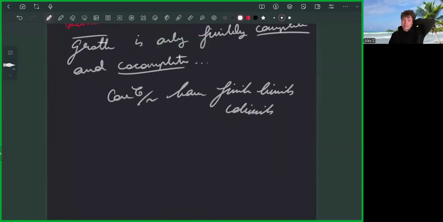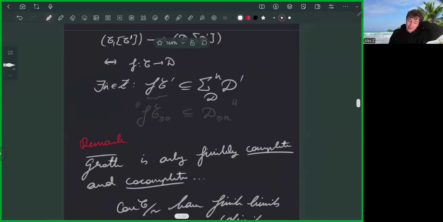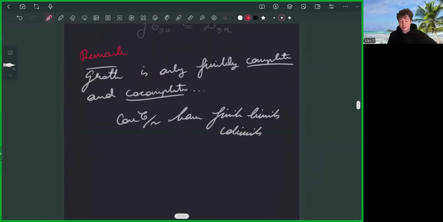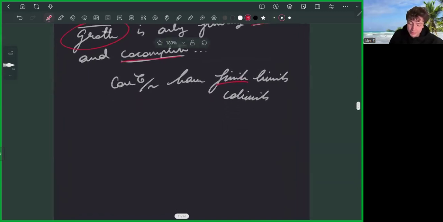They only have minima and maxima for finite things. And you can see this because the very definition is that there exists a finite integer. If you could construct a sequence where n goes to infinity, this cannot be contained in this category, and so this is where you run into trouble. So it can only have finite limits and finite colimits. And in particular, by the same argument of computing limits and colimits in the unstraightening of some functor, this thing here has finite limits and finite colimits, by the same argument that we did for Groth plus.